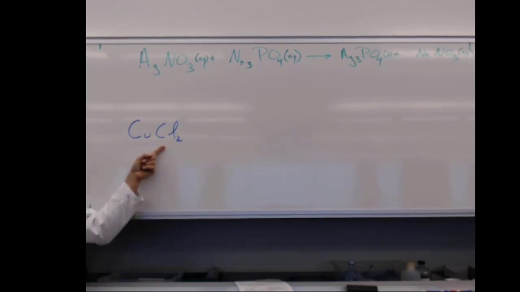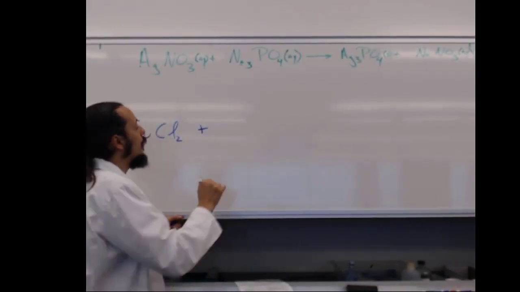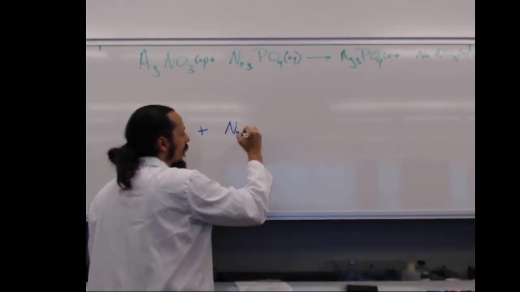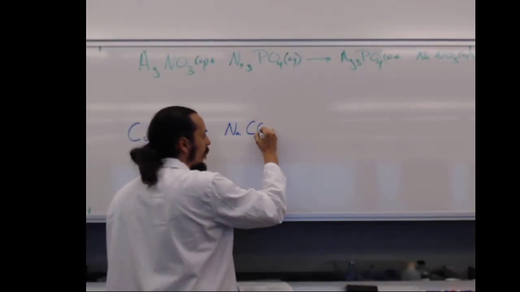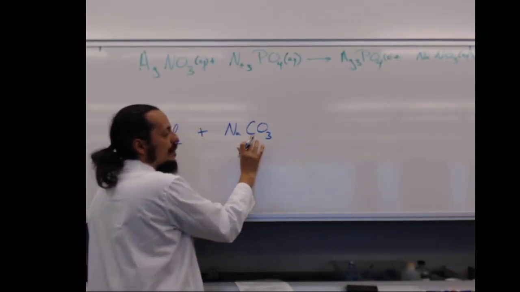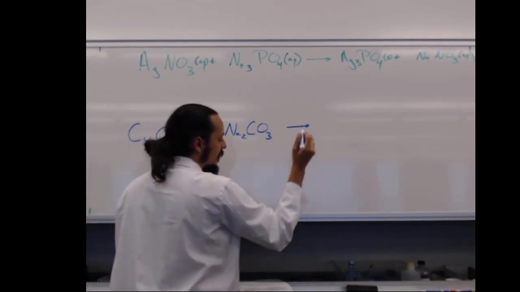We need the 2 chlorines to charge balance, plus sodium carbonate. Do you know what carbonate is? Carbonate has a -2 charge, so I'll need 2 sodiums there to charge balance it.